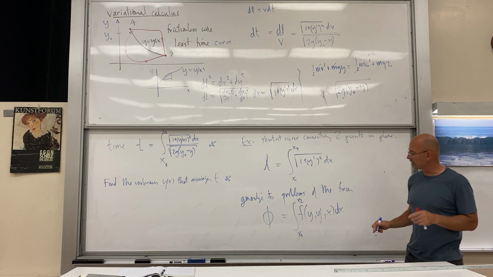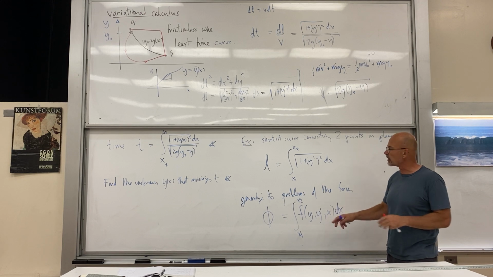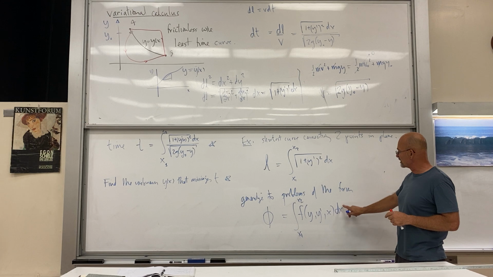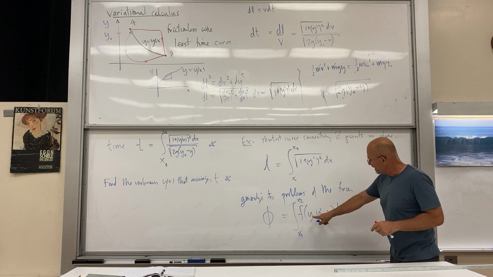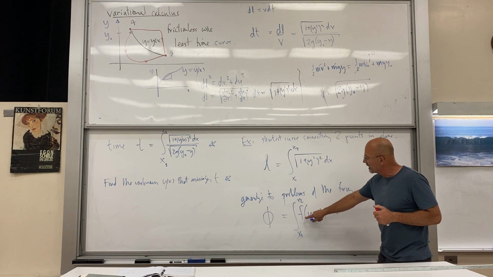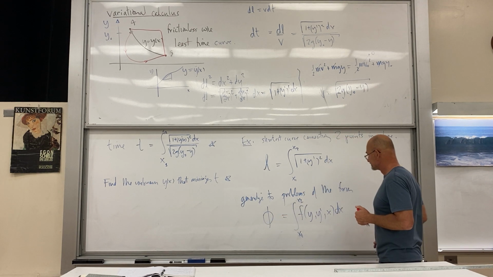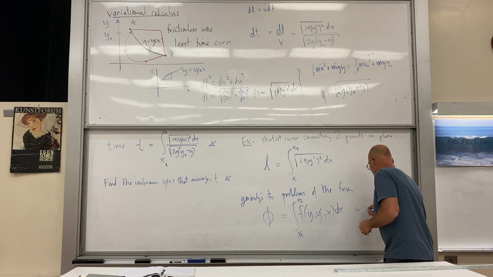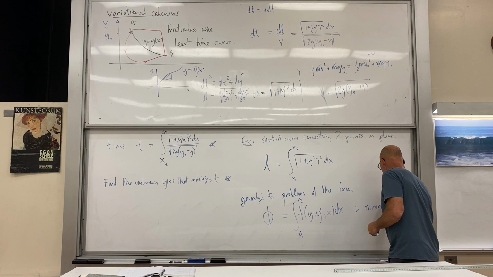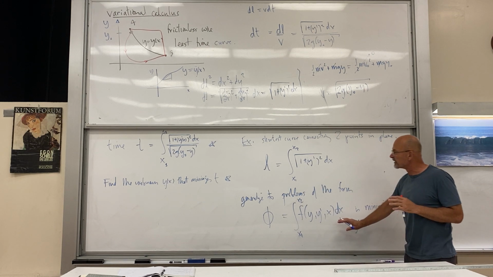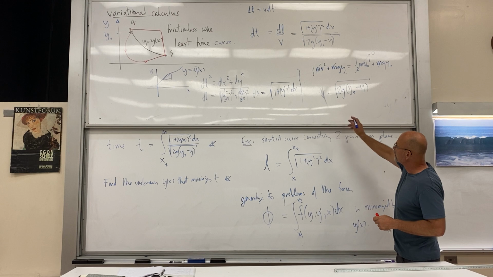I'll give you a problem later on that actually has the explicit x as well, and then we'll have the complete set of examples. So we want to generalize to a problem like this, in which the y that we're looking for minimizes phi. So we're trying to find this unknown y of x in all three of these cases here.